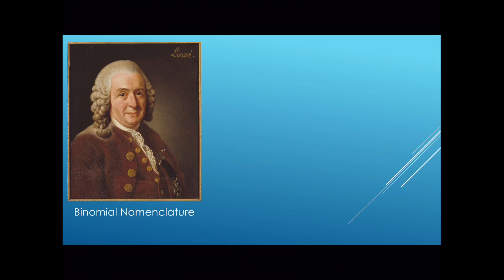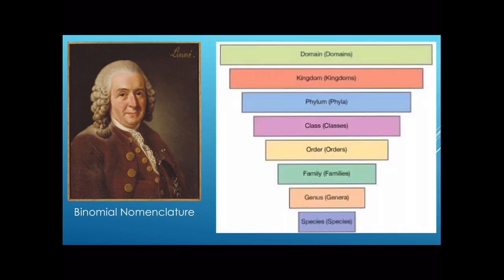Now, he did this back in the day when he was looking at the outside appearance of an organism in order to name them. But that gave way to our big way of classifying things, going from the largest up there, the domain, and working our way down and getting smaller and smaller and more specific until we use the genus and the species to actually name something.